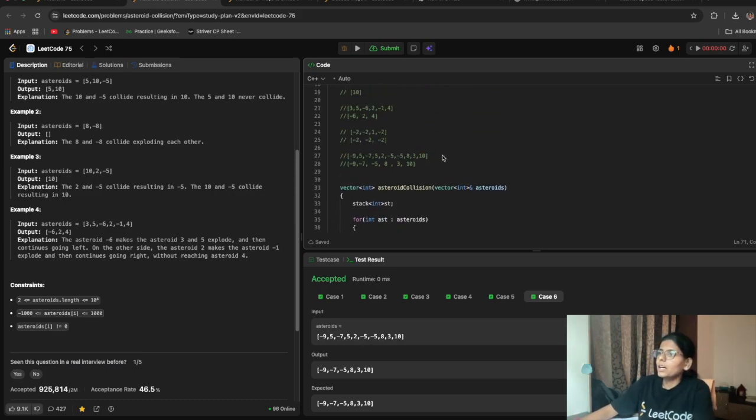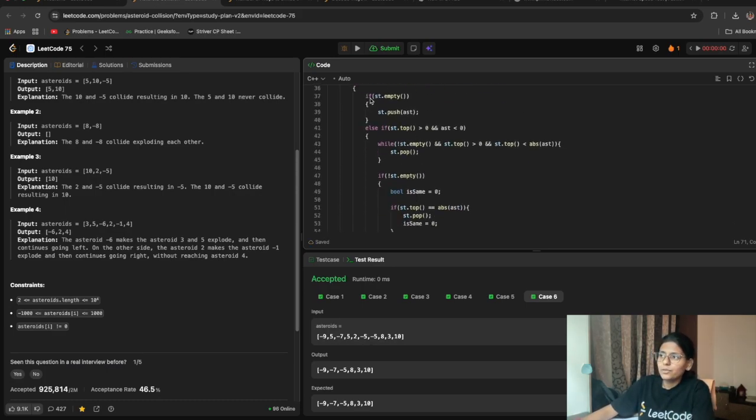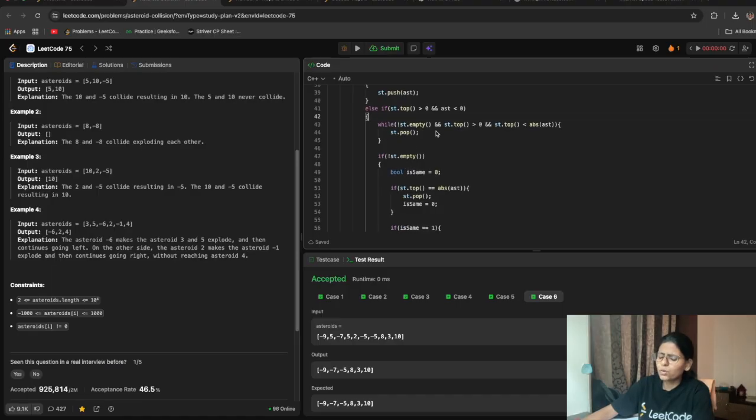If st.top is greater than 0 and asteroid is less than 0, that is the collision condition. In that case we check if after collision we have to include our asteroid or not. So we check st isn't empty and st.top is greater than 0 and st.top is less than the absolute value of ast, then st.pop.